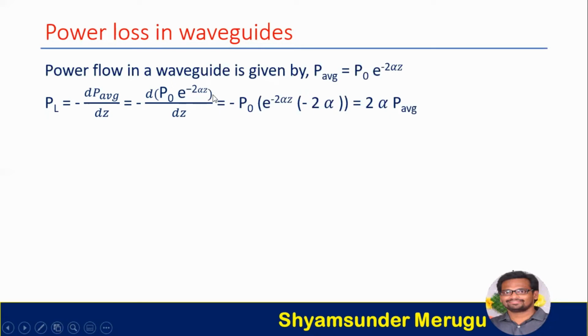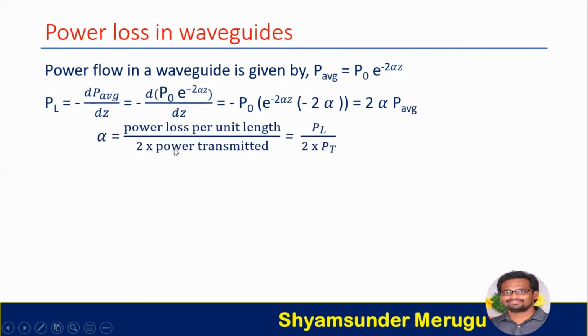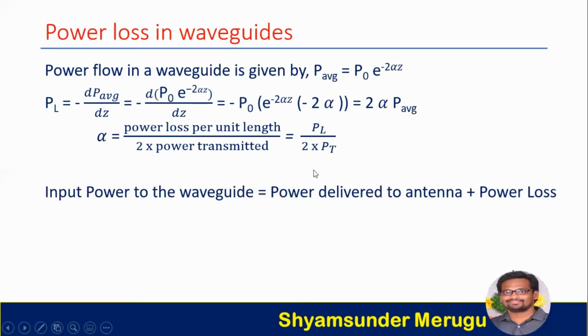When we differentiate that, we get minus P naught e power minus 2 alpha z, and for z we get minus 2 alpha, and overall we can write this as 2 alpha P average. And here alpha is the power loss per unit length over twice the power transmitted. So we can write this as PL over 2 into PT.